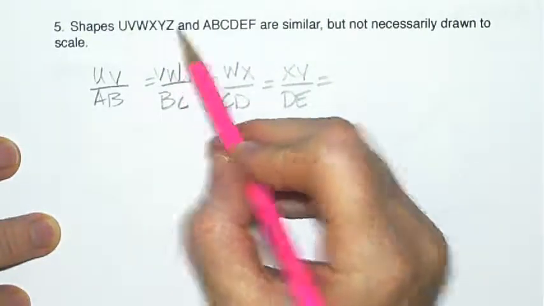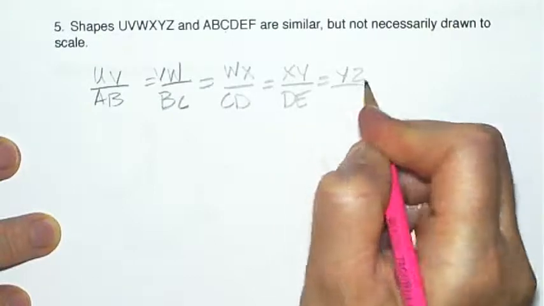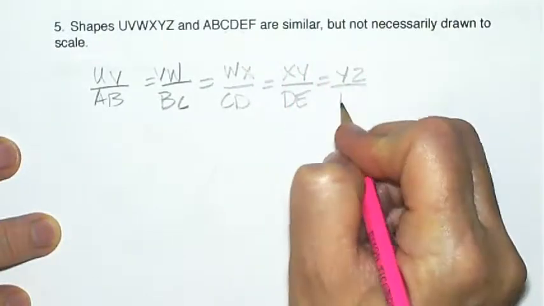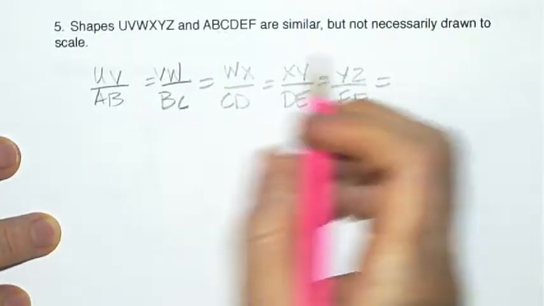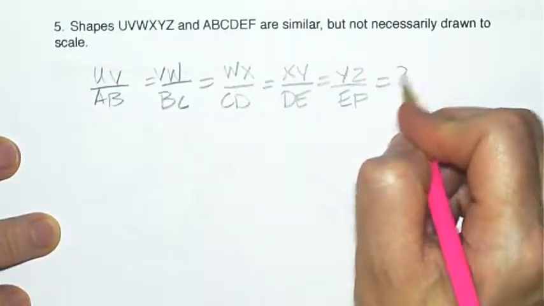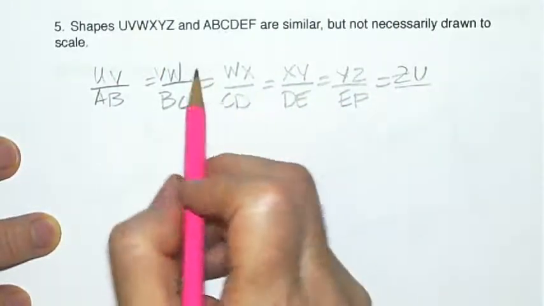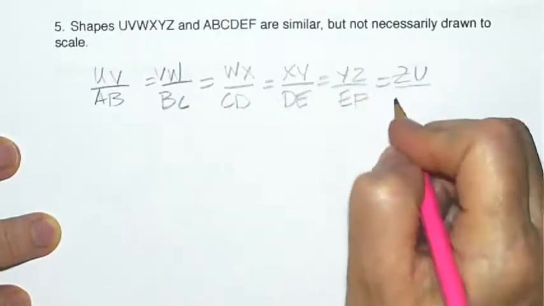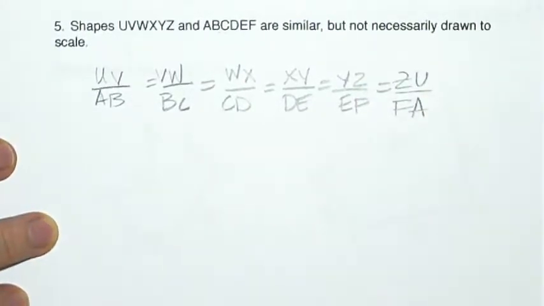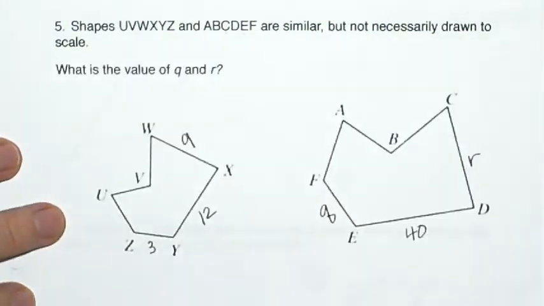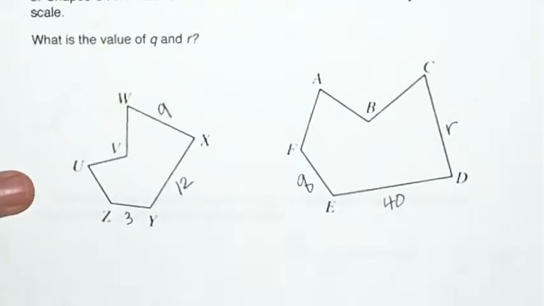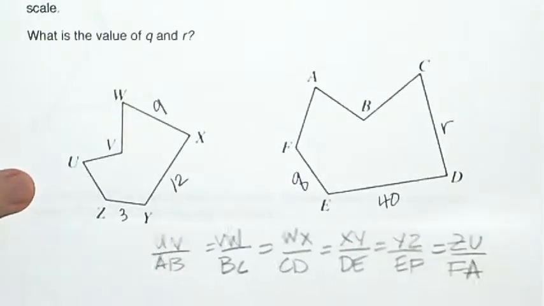And what's next? YZ is to EF. Almost done. ZU corresponds to FA. Okay, I know that's a lot to write out, and some of you might get it without doing all of this, but in case you need it, it's here.